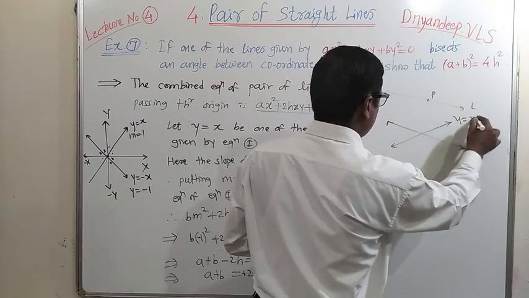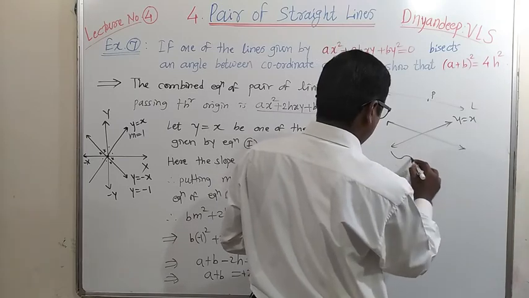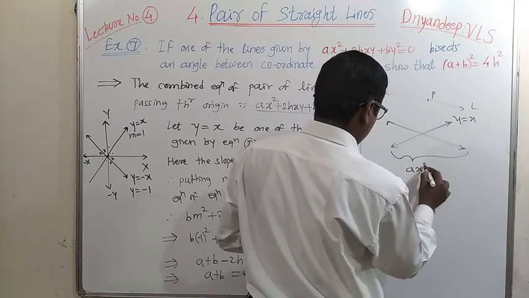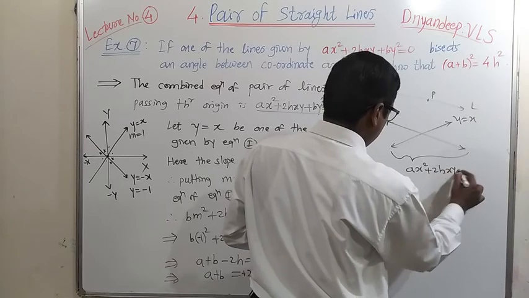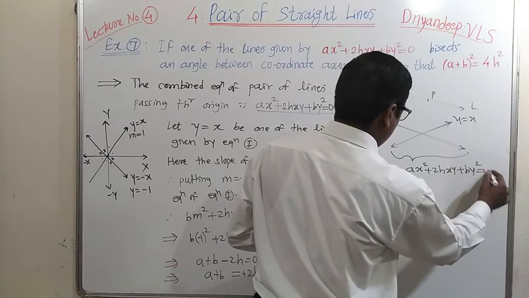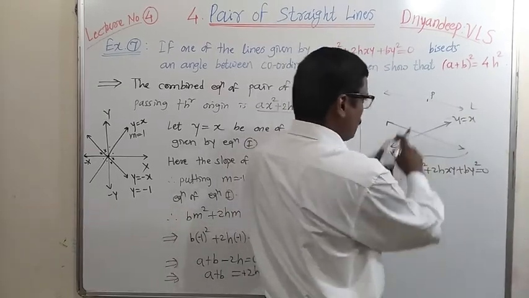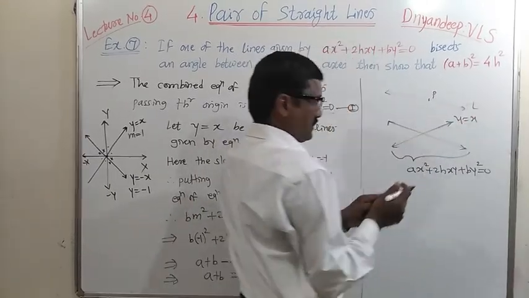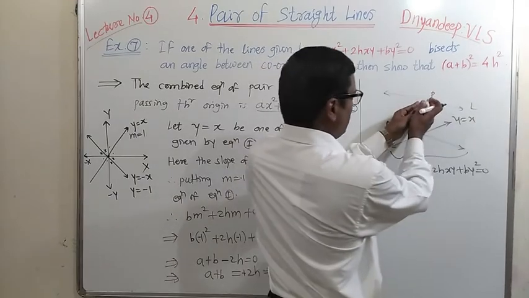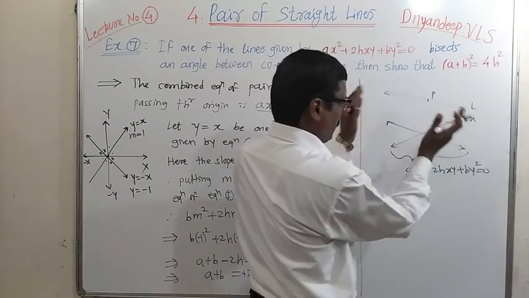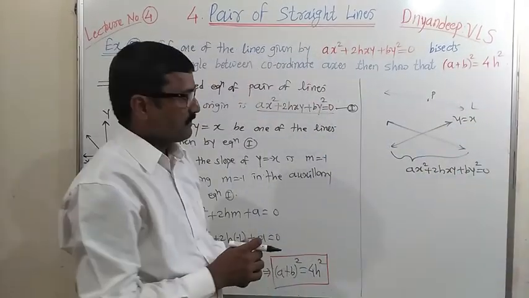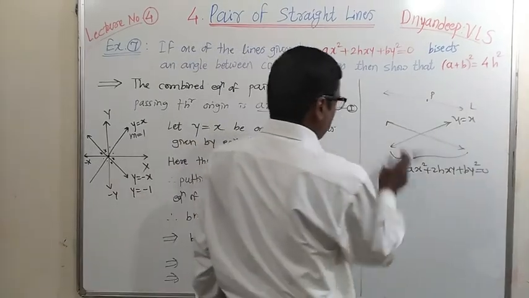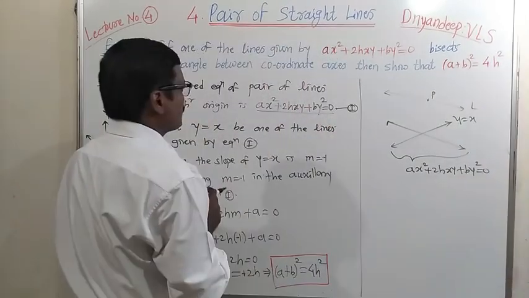This is y equal to x, and both these lines form the equation ax square plus 2hxy plus by square equal to 0. Means this is the equation of this locus, and its part is given, y equal to x. Similarly, a point is part of a line, one line is part of a pair of lines. So the similar situation is given in such examples.